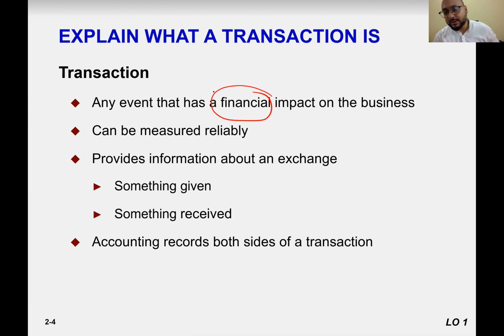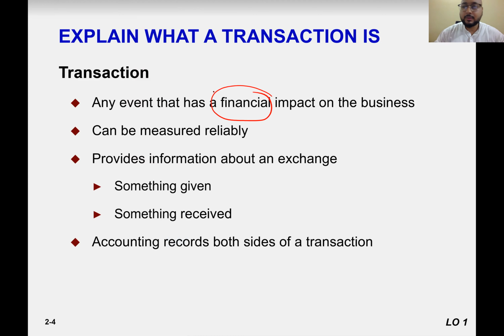All the sunshine that the company is receiving, the daylight, is free of cost and has no financial impact, so that's why these are not transactions. But if you are using electricity to light your office rooms, it has financial impact. Yes, you need to buy bulbs, electricity, pay for the bills.